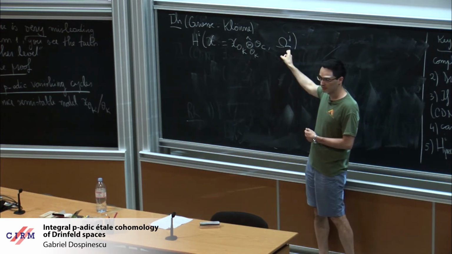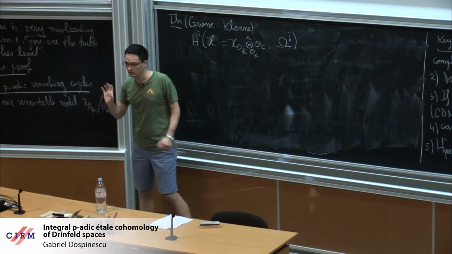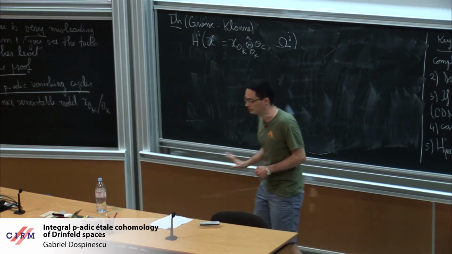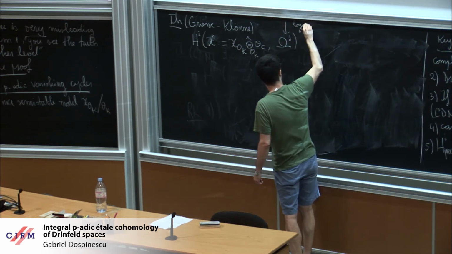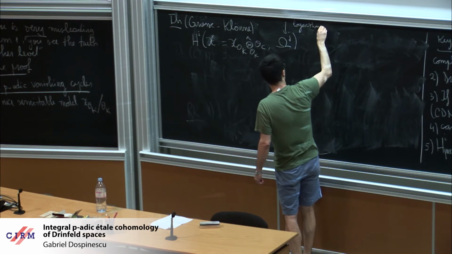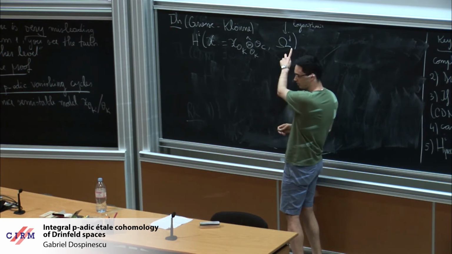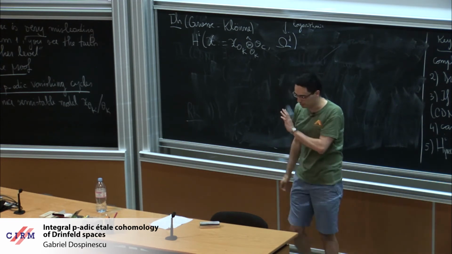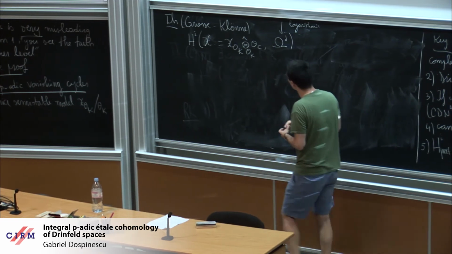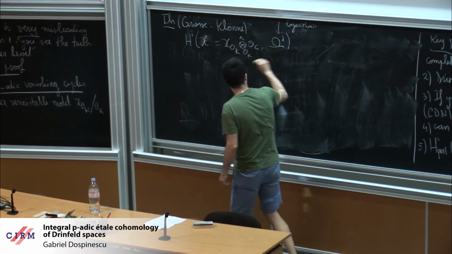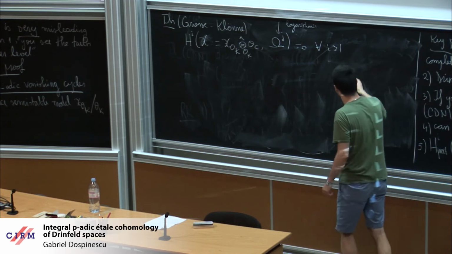I have a semi-stable scheme, so I can put a log structure on it, and then I take really the logarithmic differentials on that. So this is really logarithmic. I don't want to put a log here because there will be an extra log after that, and I don't want to become an analytic number theorist with 2 logs, one after the other. So this is 0 for any i greater than 1 and for any j.